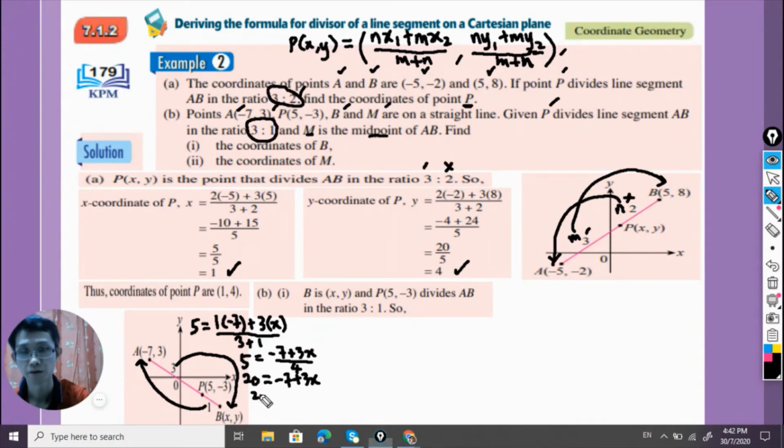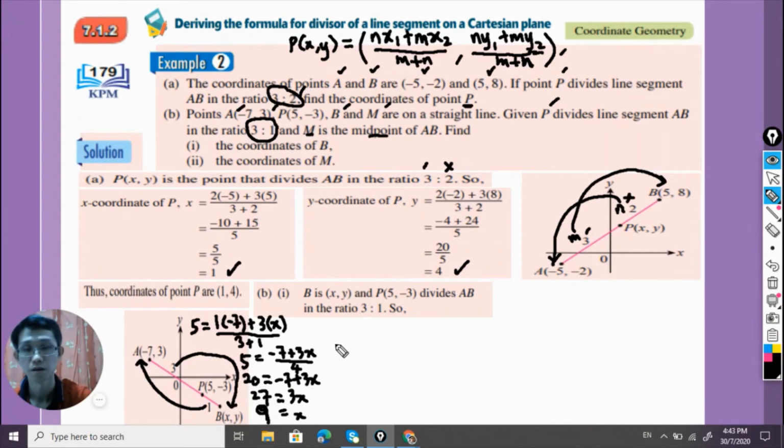After simplifying, you get 27 equals 3x. Then x will be 27 over 3, which is x equals 9. Okay, so you found the coordinate x of the point B.